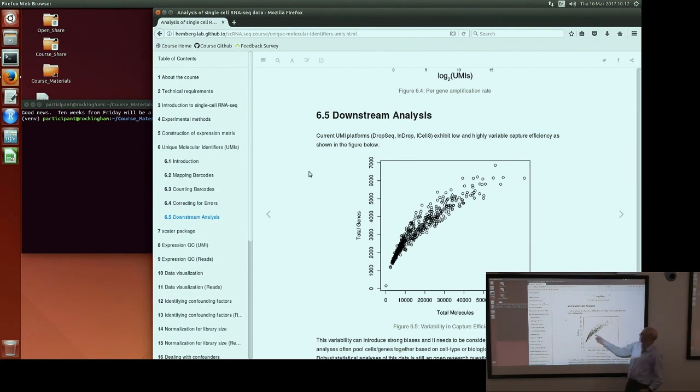And here again, you see a reasonably linear relationship: if you have more unique molecules in your cell, you also observe more different genes. But again, you have a reasonable spread here, which we think is mostly biological, but we would like to make sure that it's not due to technical issues.